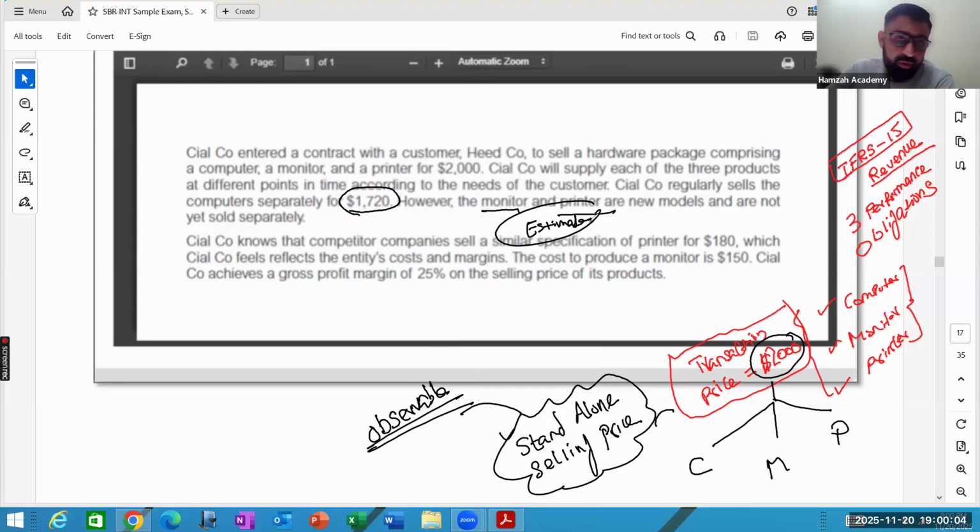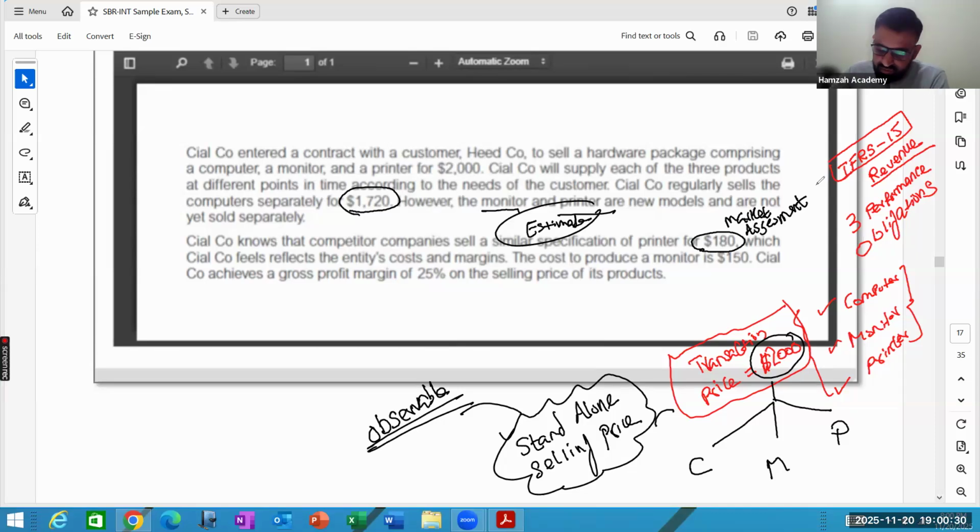Now, if we talk about the printer, the stand-alone price has been estimated at $180, and it is a market assessment approach.